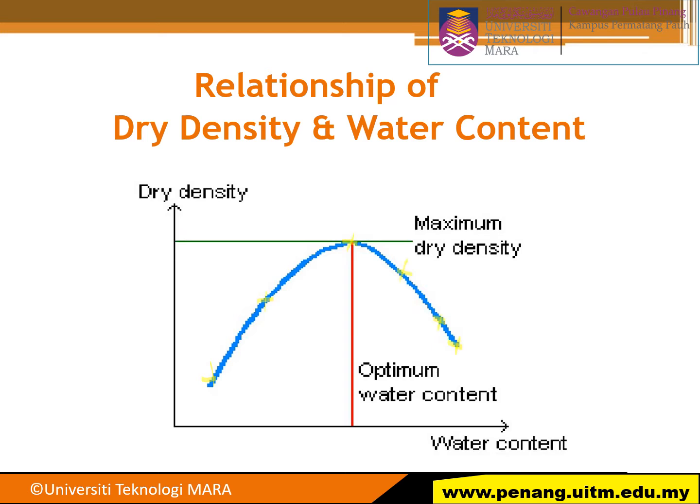And then we get the value of maximum dry density. For example, this is the maximum value, and then you will have the maximum dry density here, and at the bottom you will have the optimum water content. This is the relationship between dry density and water content. We will get the maximum dry density and also the optimum water content.